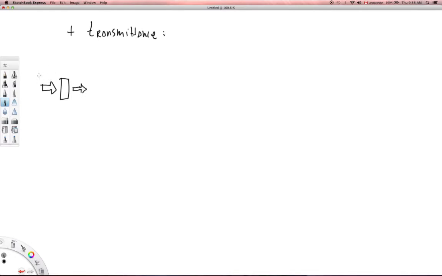So this is intensity 1 here, and this is intensity 2 here. Transmittance is just a ratio of the intensity going in, I1, divided by the intensity coming out, I2. That's just a ratio of I1 to I2.